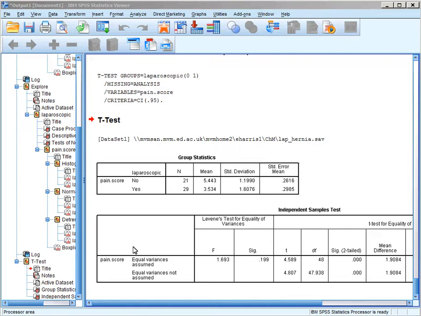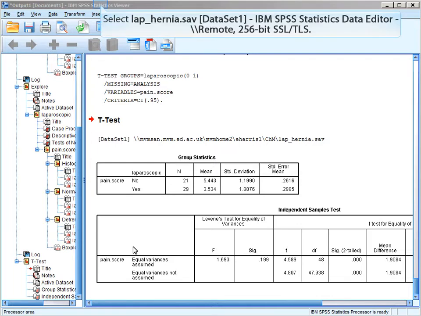This is type 2 error, which will come up in a future video. You're more likely to miss a difference that exists between the two groups with a non-parametric test, so you should use a t-test where possible. But if the normality assumptions were much more greatly disrupted than they are here, you might choose to do that, and I'll just show you how to do it.